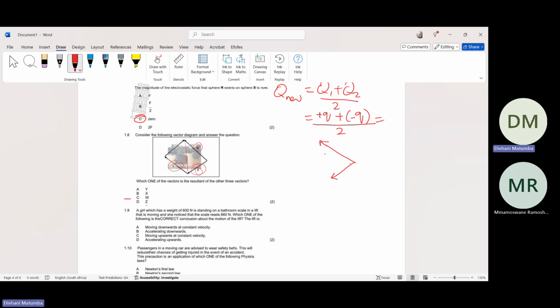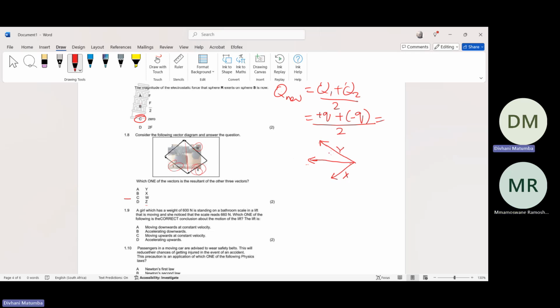My resultant will be going in that direction. You agree? Yes. This is Y, this is X.